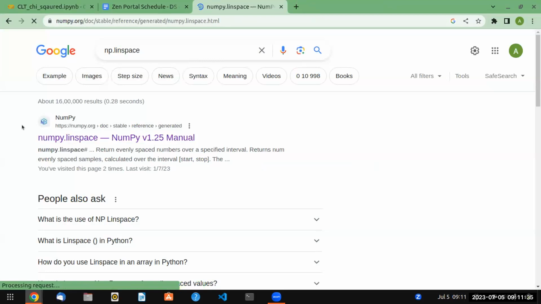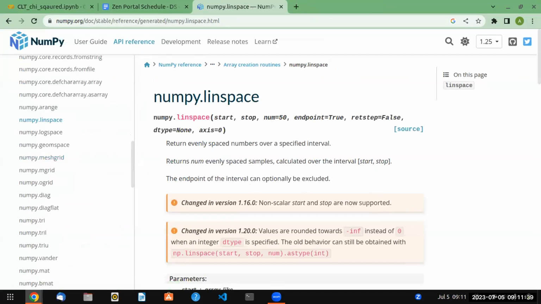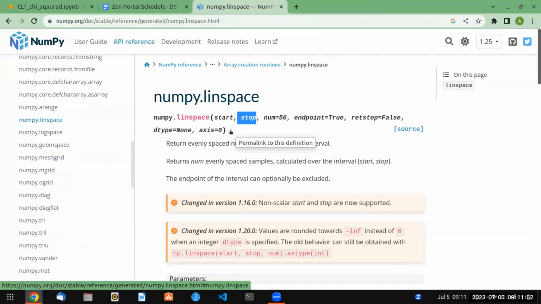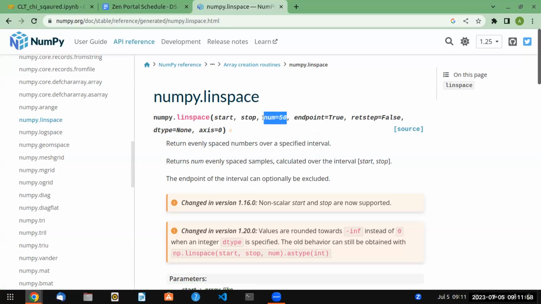If you go to the official documentation, we'll find the proper answer. Here, numpy.linspace has a starting point and a stopping point, from where to where you want to generate the numbers. The third parameter has a default value of 50, which means how many points you want to generate.